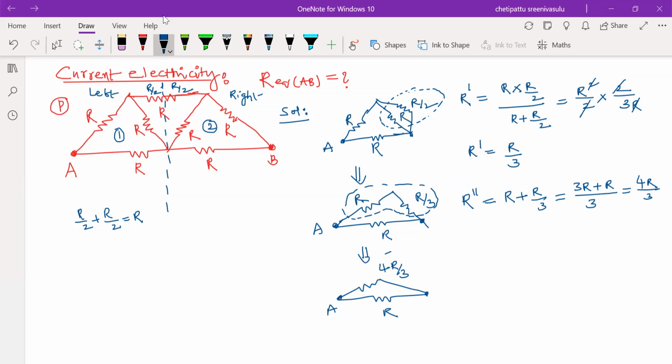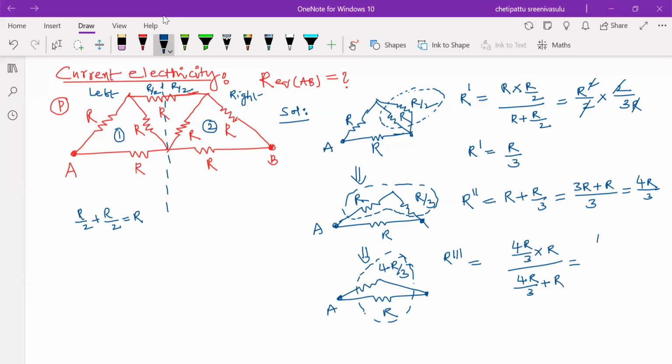Now these two look like a parallel combination about these two points. Now for the parallel combination, R triple dash will be 4R upon 3 into R, divided by 4R upon 3 plus R.